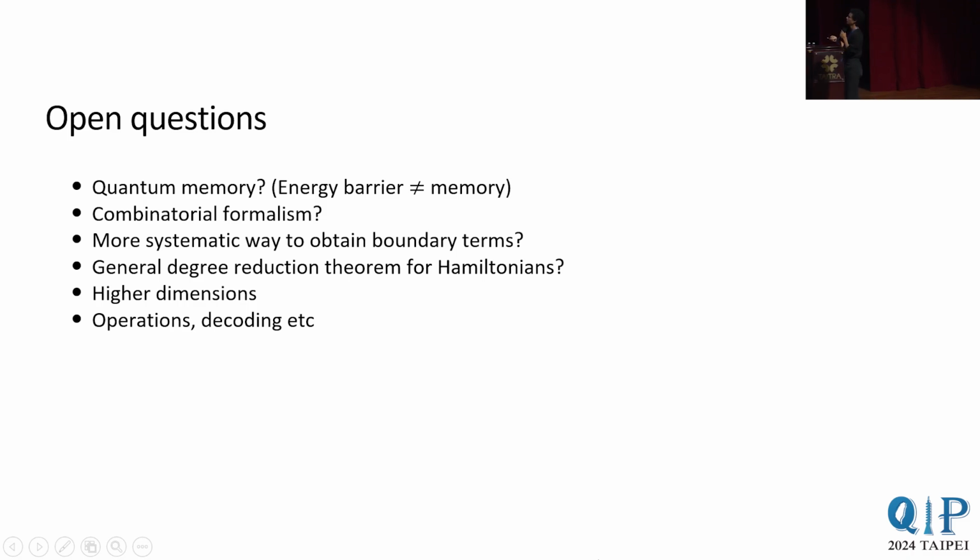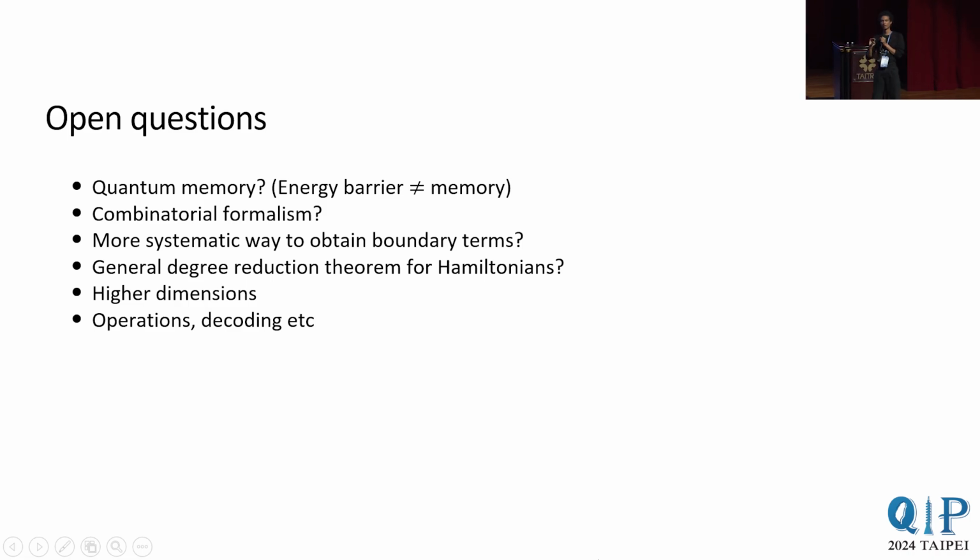Something that I do find very interesting as well is that this construction is essentially a big machine that reduces the degree of your Hamiltonian. Something that is particularly striking to me is that if you look at Dinur's proof of the PCP theorem by gap amplification, the first procedure that you need is to be able to reduce the degree of your Hamiltonian, right? And this is what we do here.